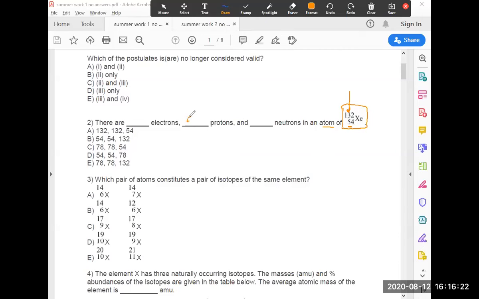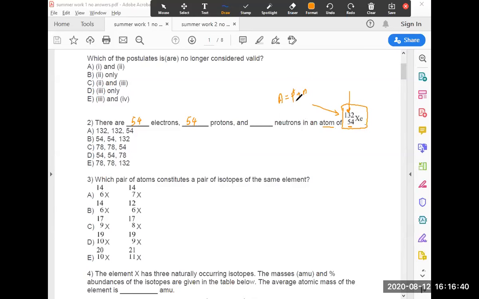So we have 54 protons, we have 54 electrons, and therefore how many neutrons do we have? Well, the total mass is 132. This is the number A, the atomic mass number, which is the number of protons plus the number of neutrons.